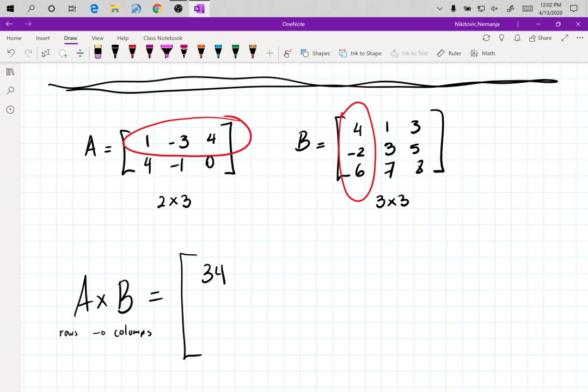Then I move 1 over. One times 1 is 1. -3 times this is -9. And 4 times 7, 28. That's 20. Move 1 over.